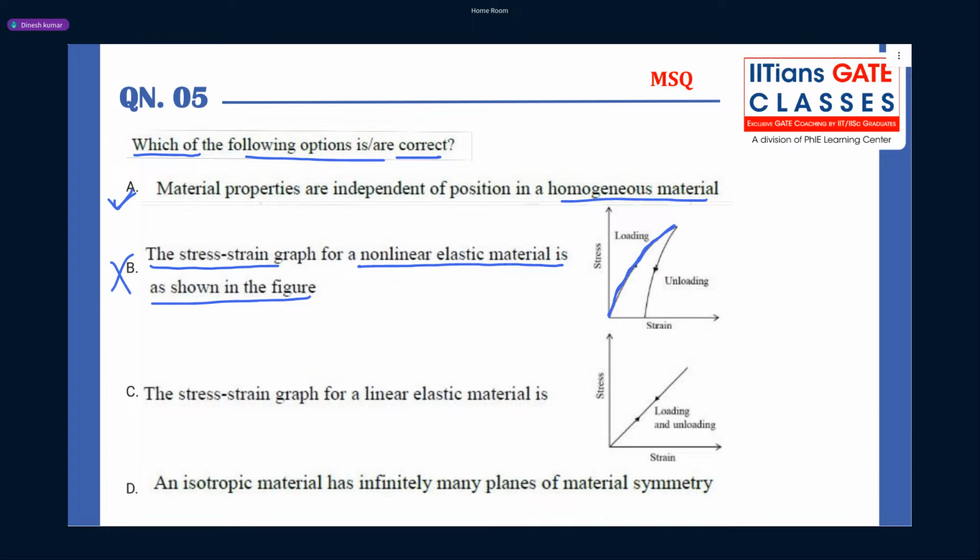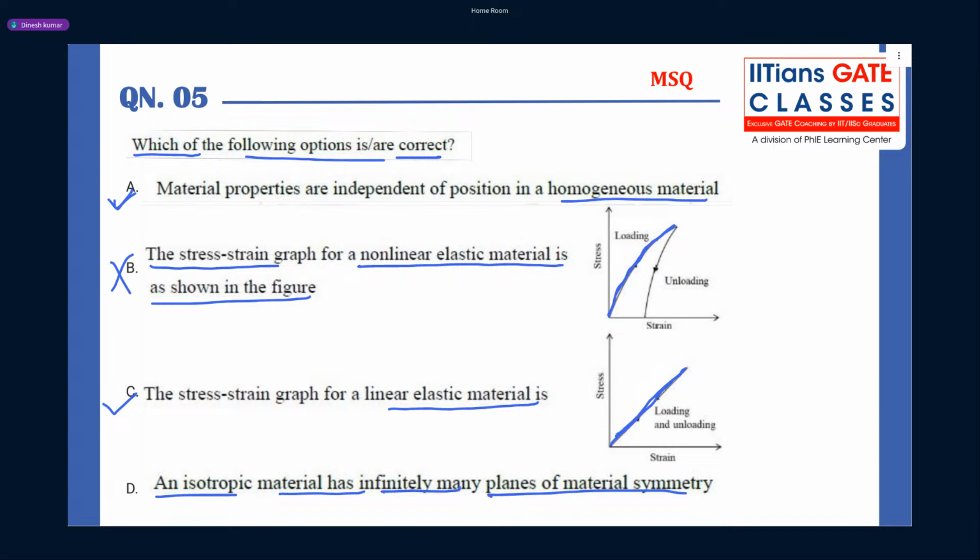Now read option C. The stress strain graph for a linear elastic material: you can see loading and unloading are on the same plot, and it is also linear. So C is correct. Now option D: an isotropic material has infinitely many planes of material symmetry. What is the definition of an isotropic material?